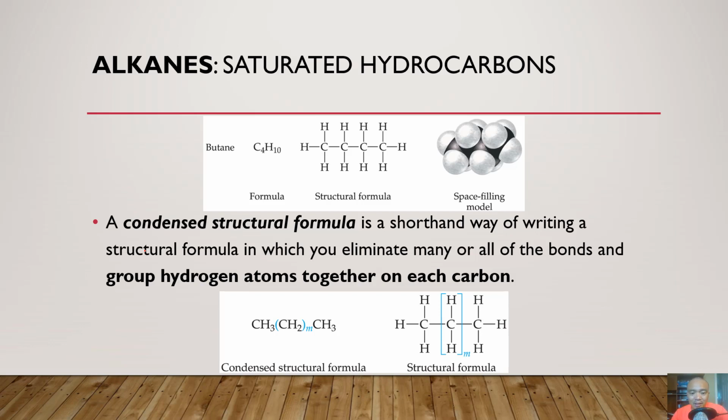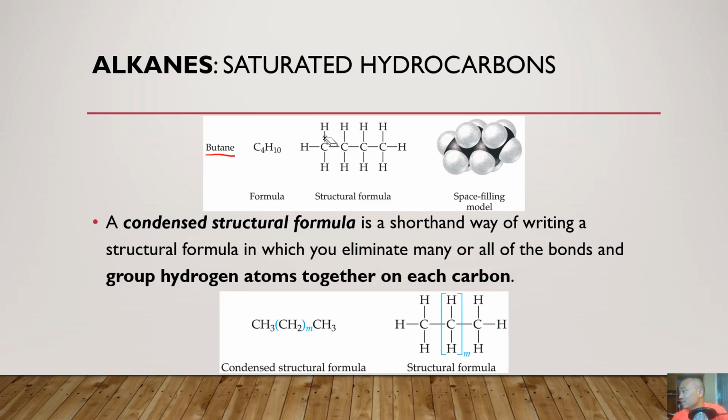Let's look at a couple more examples over here. When you look at butane, you have 4 carbons. 1, 2, 3, 4. We'll talk about the nomenclature in more detail later on. So butane means you have 4 carbons surrounded with enough hydrogens. How many hydrogens should you have? Do remember, carbon is tetravalent, which means carbon forms 4 single bonds.